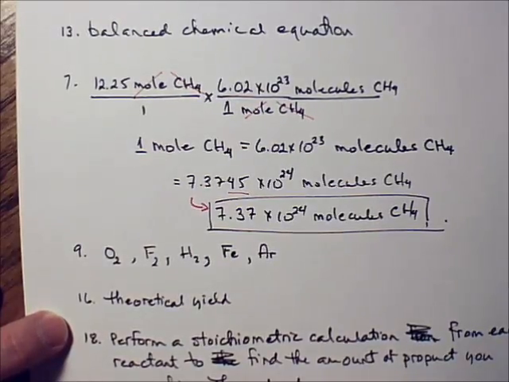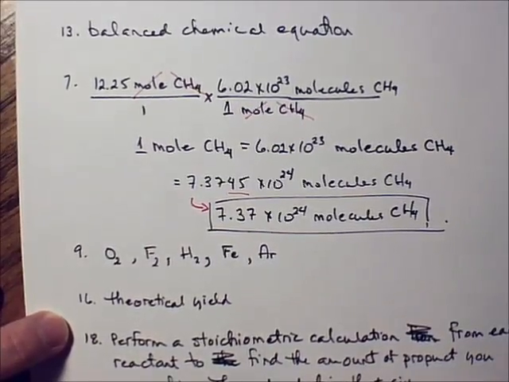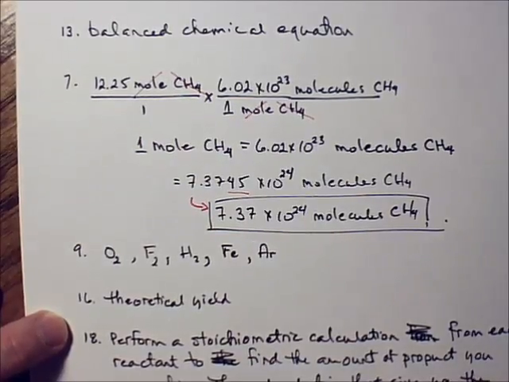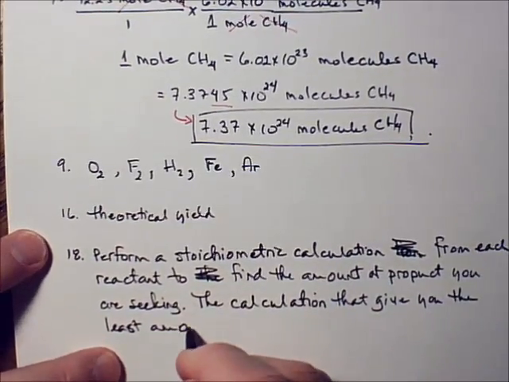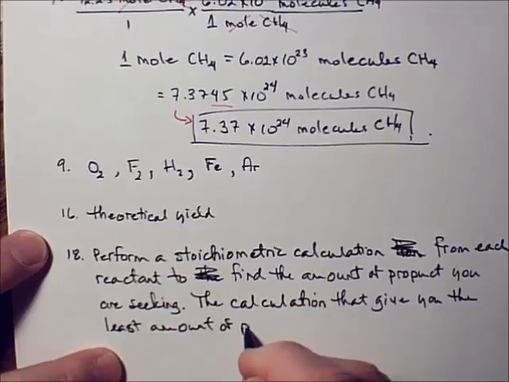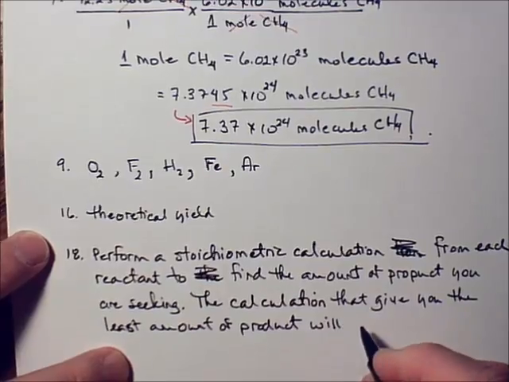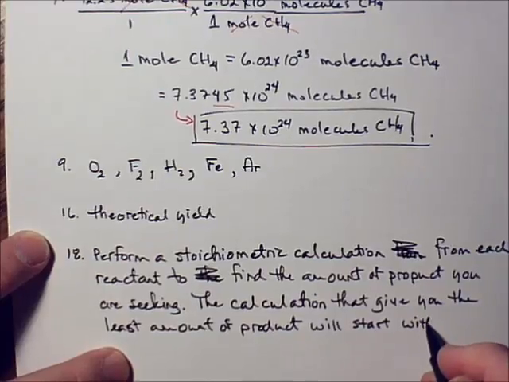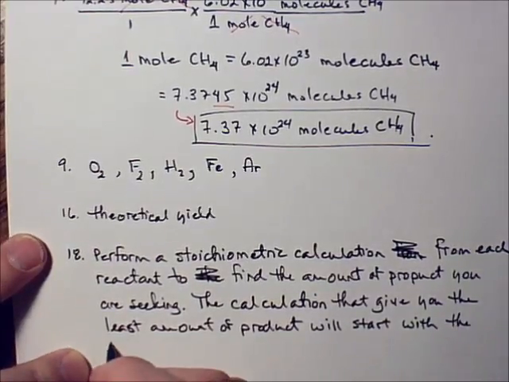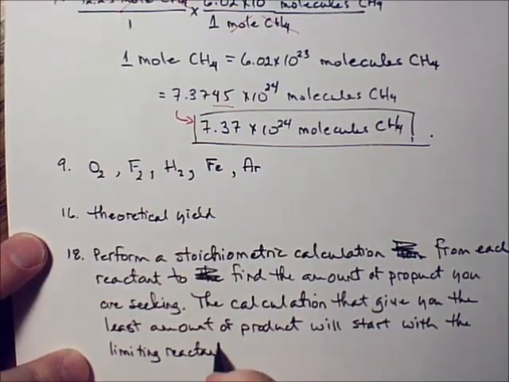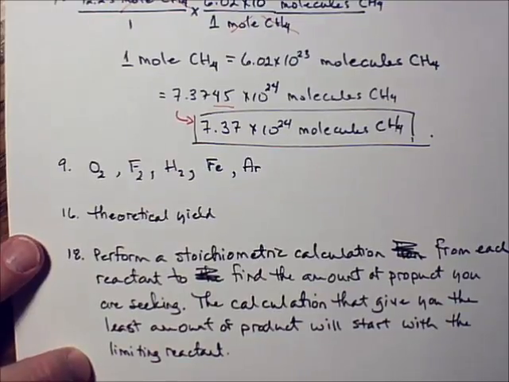The calculation that gives you the least amount of product will start with the limiting reactant. So that's how you find it.